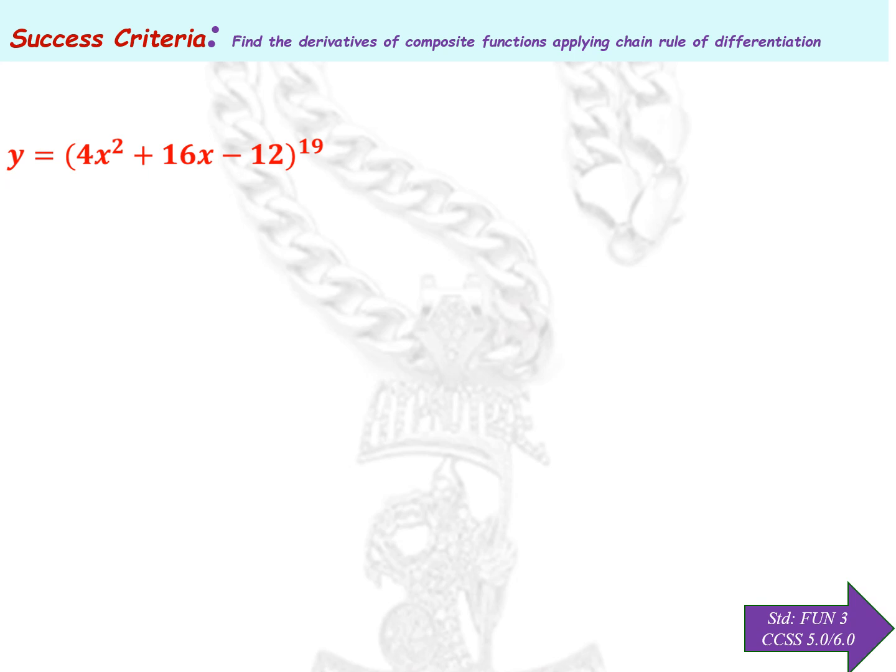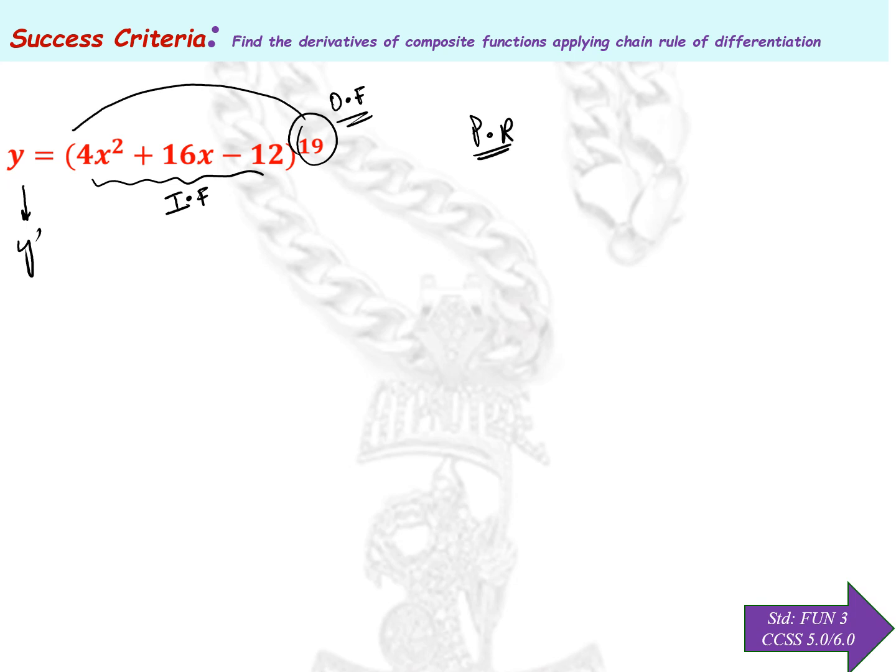Let's have a look at another question. So write the y prime. Inner function is the function which is written inside the bracket. The power will be your outer function. So you have to apply the power rule of differentiation, which states that bring the power in the shoulder.